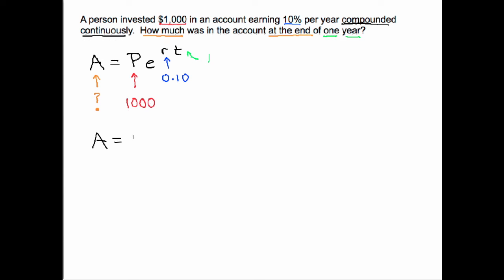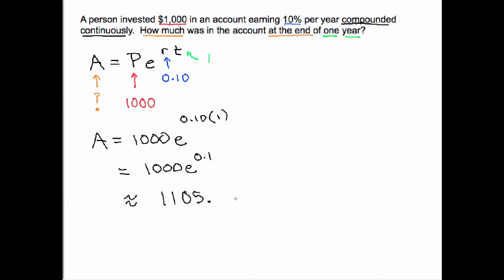A equals P, which is 1,000, times e to the r, 0.10, times t, which is 1. So if we simplify, we have 1,000 times e to the 0.1. And if I enter this onto the calculator and round to the nearest 2 decimal places, we end up with 1,105.17. In other words, at the end of 1 year, the account is worth $1,105.17.